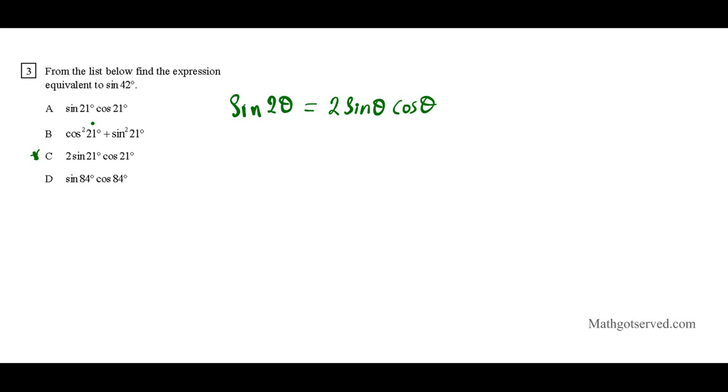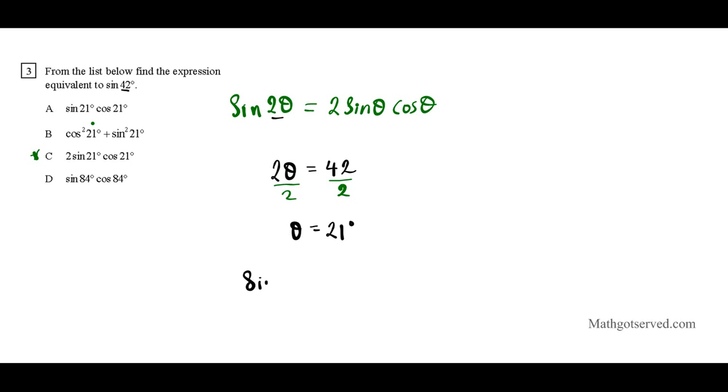But let's go ahead and do the steps. So the argument is 2 theta for sine, so we're going to equate these two arguments to each other. So 2 theta equals 42. To get theta by itself, divide both sides by 2, and we have theta equals 42 over 2, which is 21 degrees. Now we're going to substitute theta into the right side of the equation.